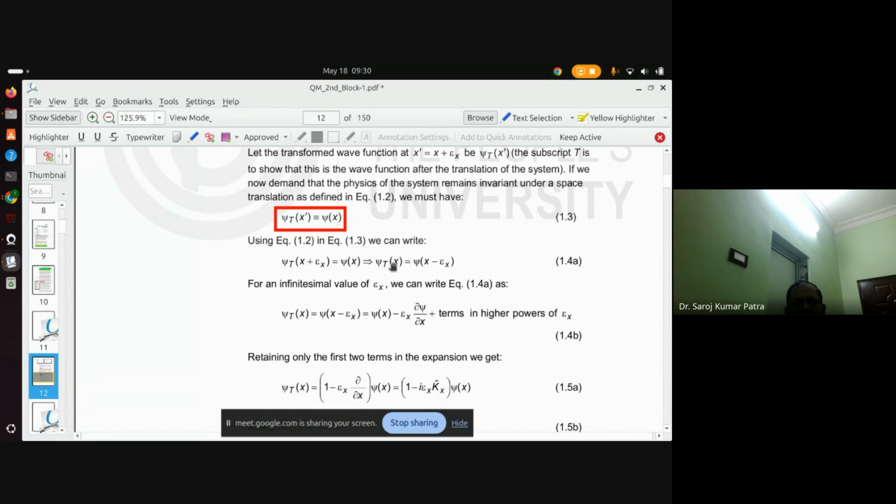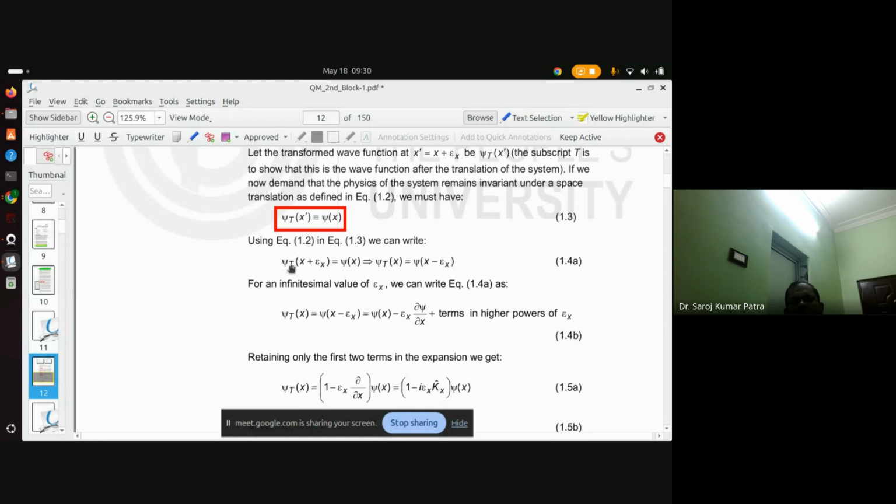This is the picture where the reference frame is static and the physical system is moving, the first part. The second part is that the physical system is static and the reference frame is moving in the backward direction. Both are same.